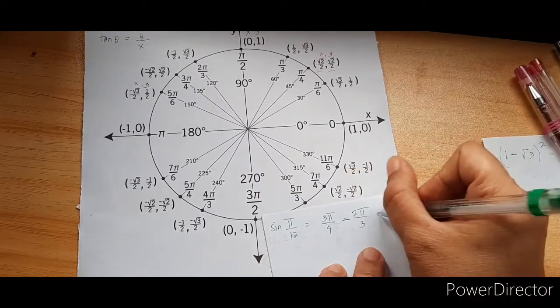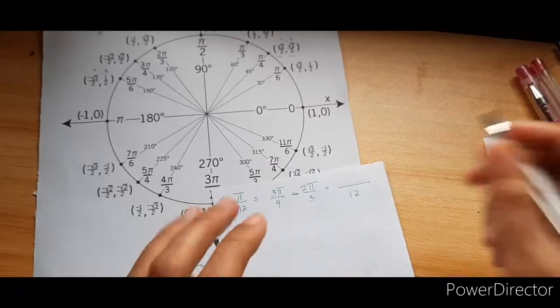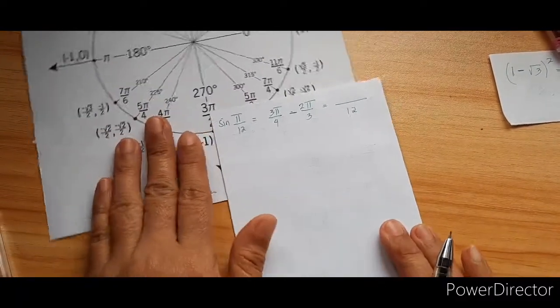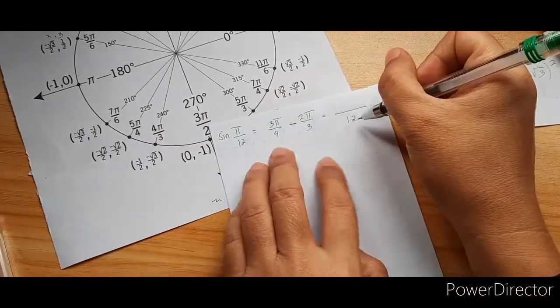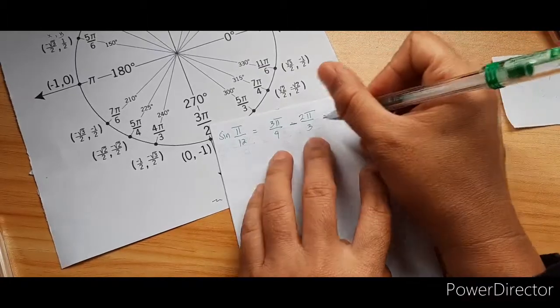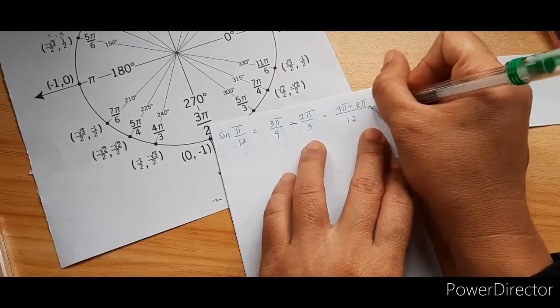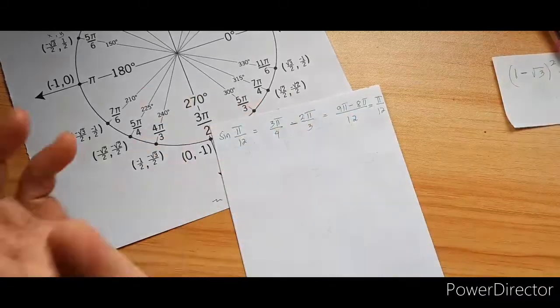So, kapag pinag-minus kasi yan, ang common denominator ay 12. And then, 12 divided by 4 is 3 times 3 is 9 pi. Minus 12 divided by 3 is 4 times 2 is 8 pi. So, 9 minus 8 is pi over 12.